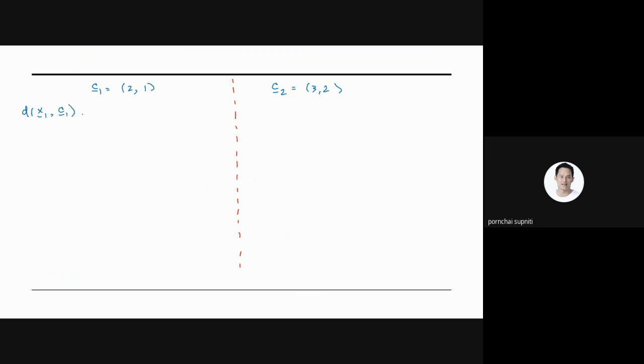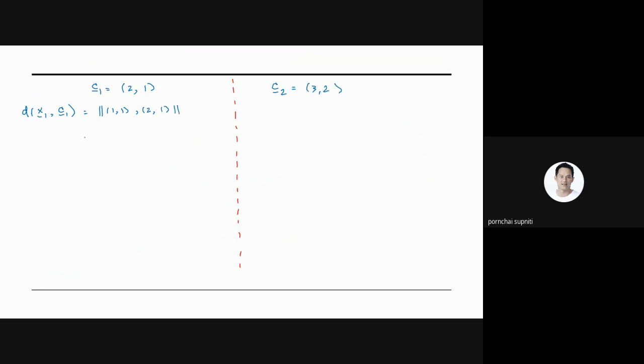I can write it like this. What is D1? If you take a look at the previous page, D1 is (1, 1), and then with (2, 1).